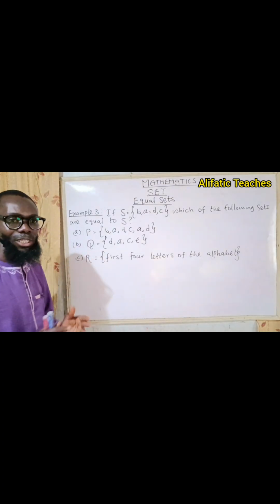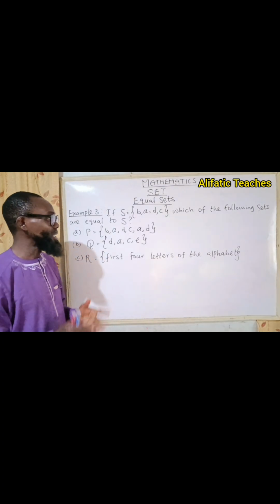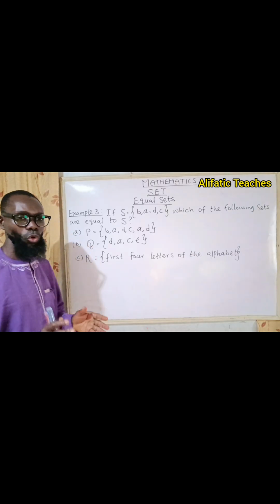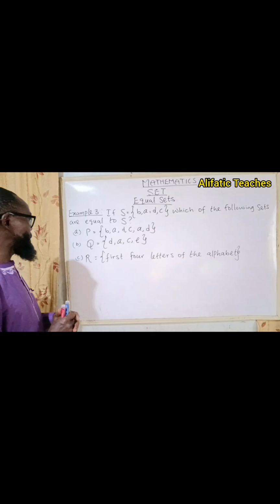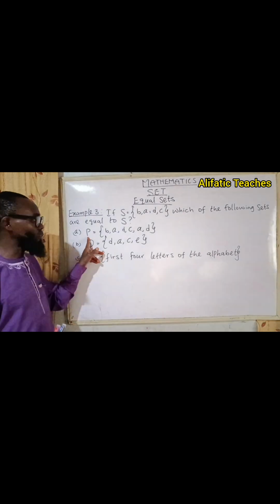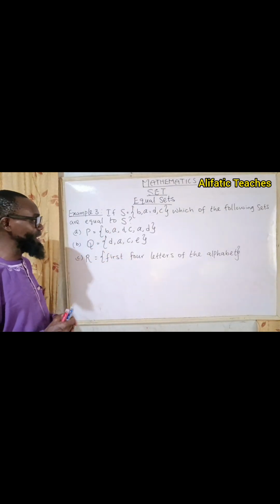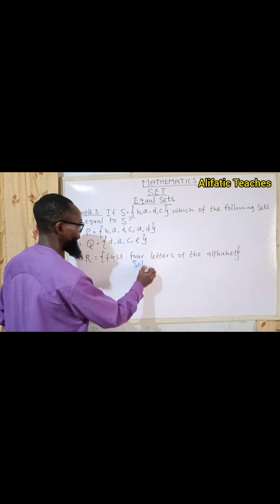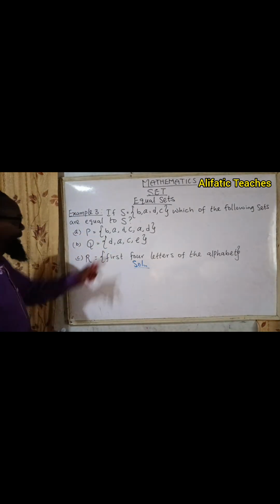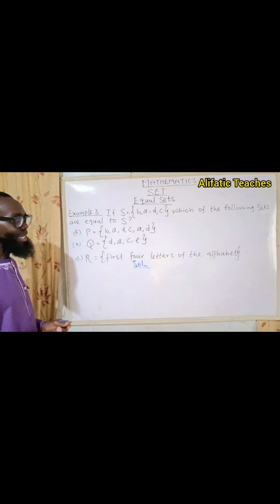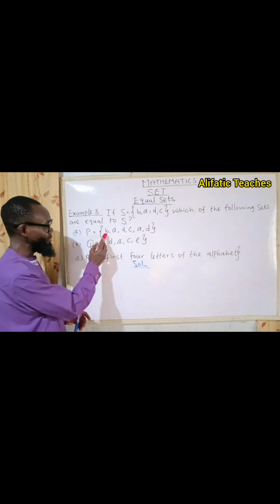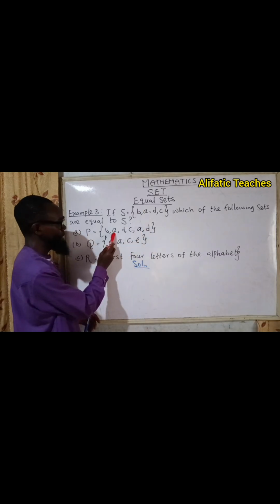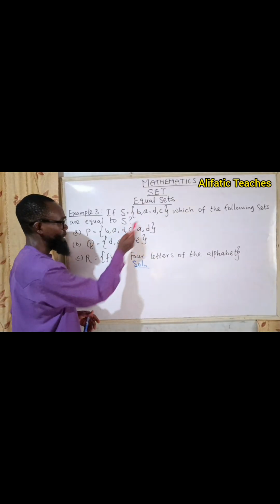If S is equal to {b, a, d, c}, which of the following sets are equal to S? Question A. Set P equals {b, a, d, c, a, d}. According to what we have here, is set S equal to P? Let's check very well. We have b here, we have b in set S. We have a, we have a. We have d, we have d.